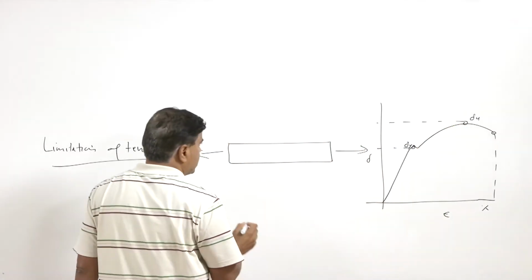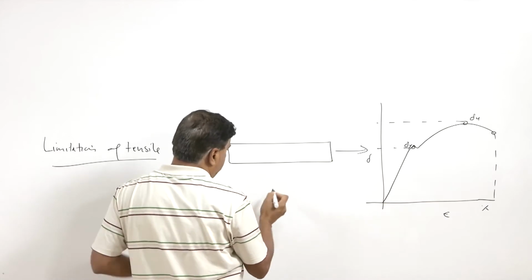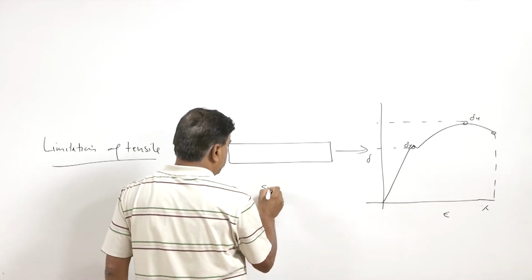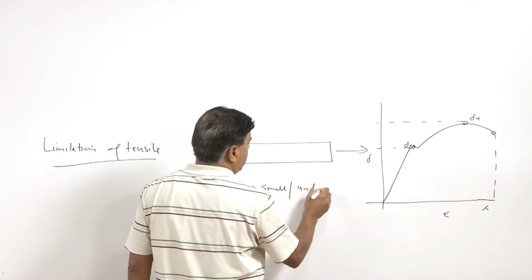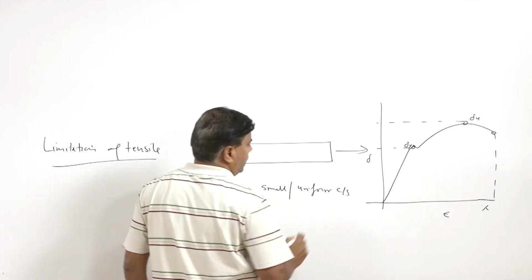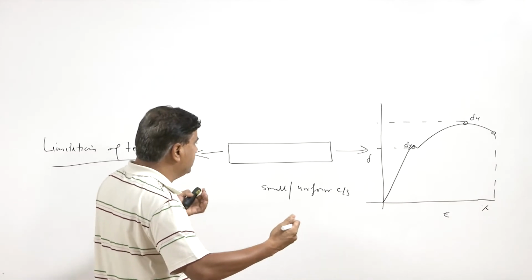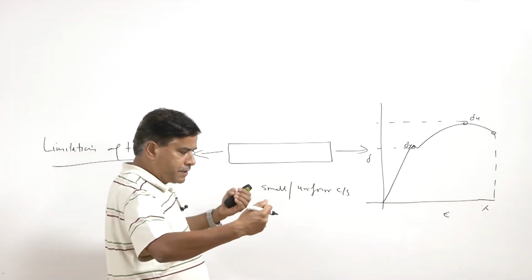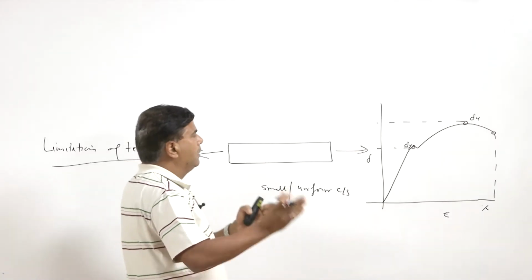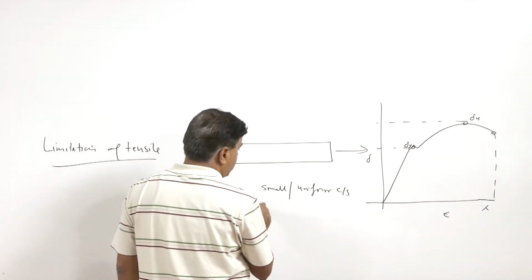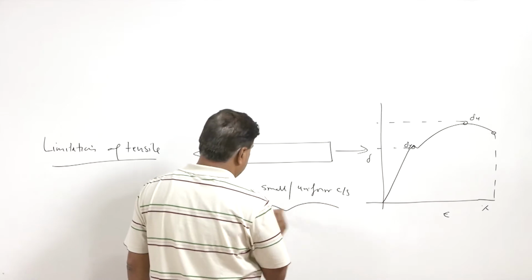But in this tensile test, the sample is very smooth and of uniform cross section. So the ductility shows the extent up to which it first elongates uniformly across the gauge length, and then localized yielding starts after the yield point.